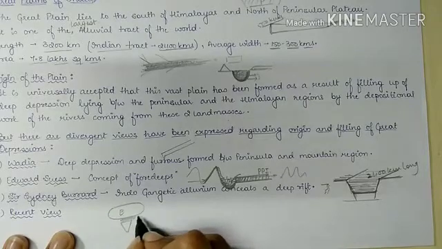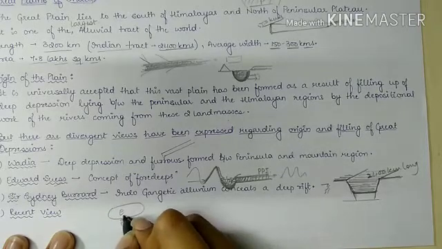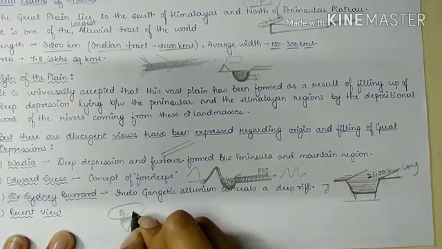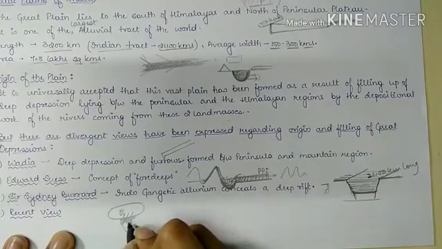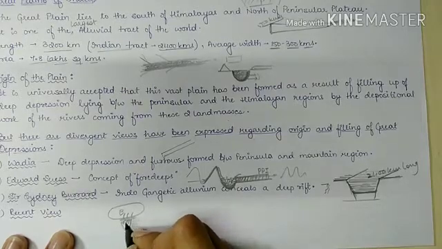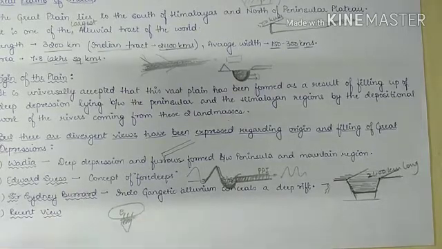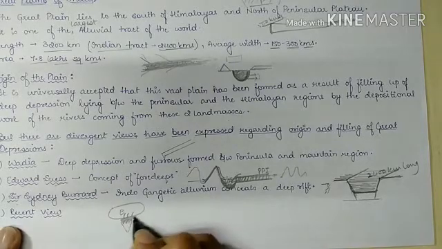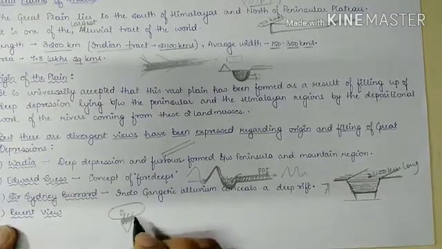In between there was the Tethys Sea, and sediments were deposited by the rivers which were flowing through the Eurasian plate and the Indian plate. So the deposits were collected in the Tethys Sea.